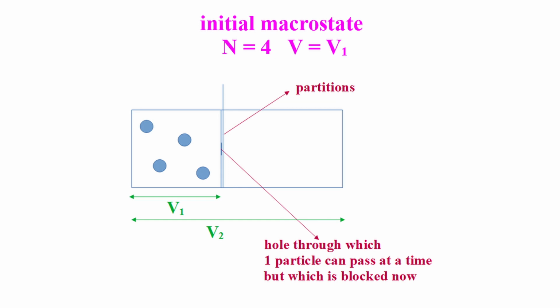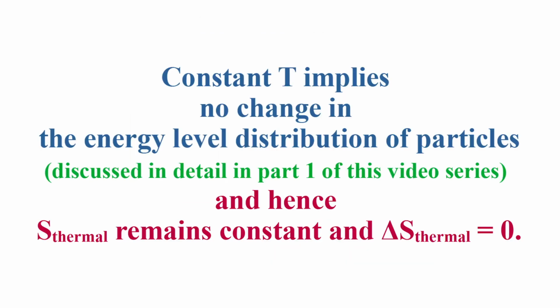The volume of the left compartment is V1. The volume of the whole container, namely the total volume of the left and right compartments together, is V2.